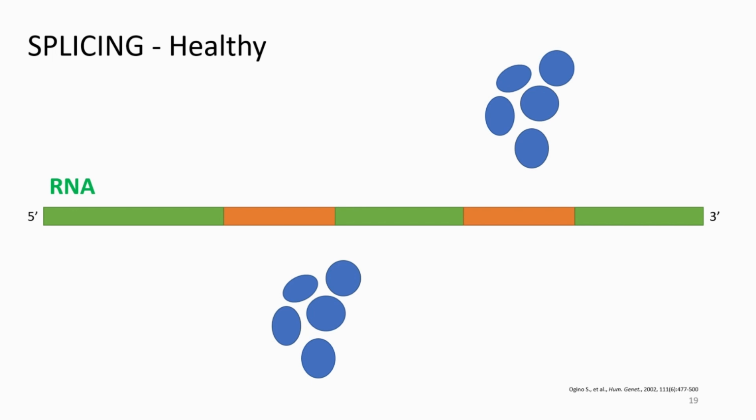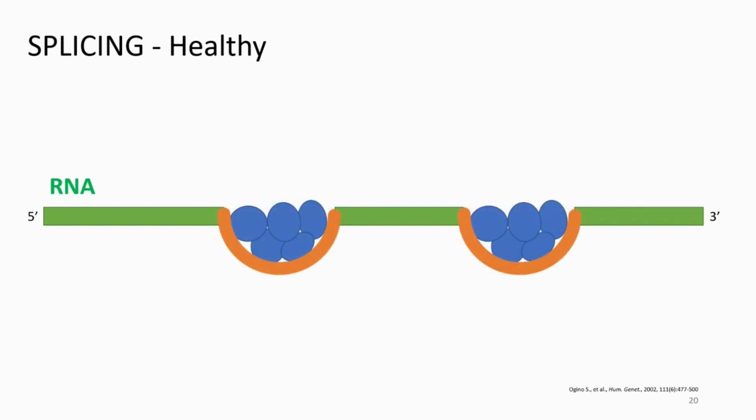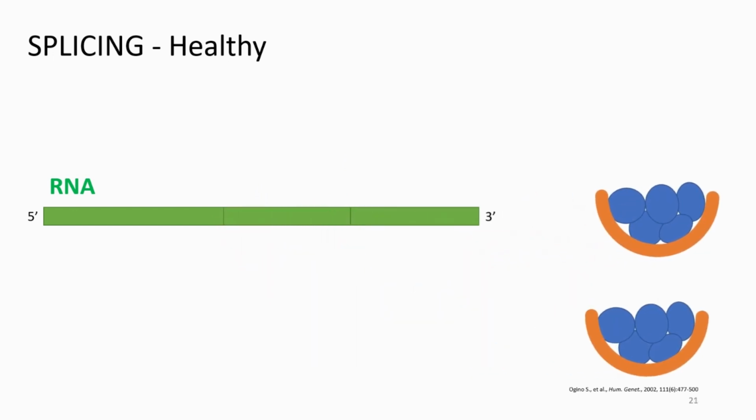So there are some proteins, usually containing RRMs, that recognize these regions that are not useful, and they are recognizing them and basically cutting them out to form the final RNA that is the one that will go and produce the healthy protein. And so there's no problem and the biological processes are all going fine.